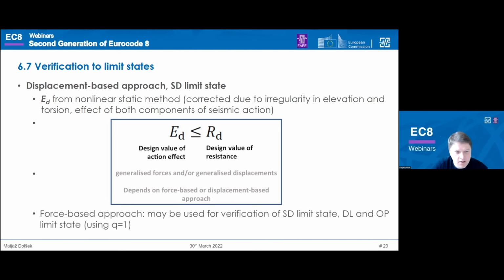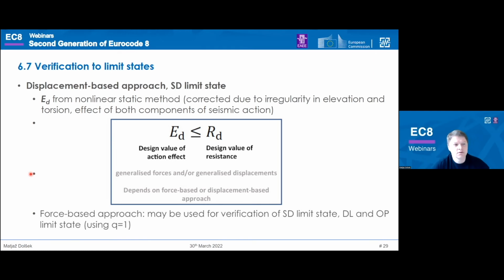This gamma RD accounts for the uncertainty in the resistance model, while alpha SD accounts for the level of damage of the member. In general, alpha SD and gamma RD can also be calibrated to the target reliability, in conjunction with Annex F, but this is not a mandatory part.